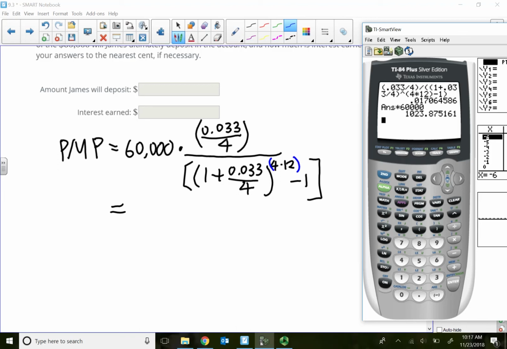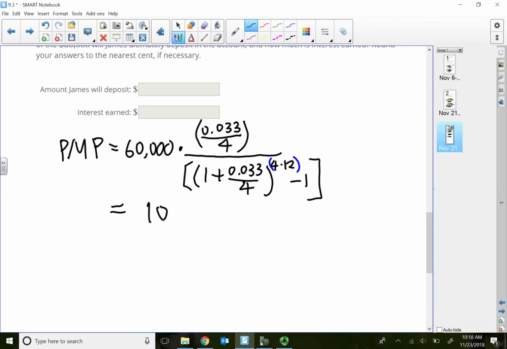Here we go. So the quarterly payment, excuse me, is $1,023.88. All right, so that's my quarterly payment.